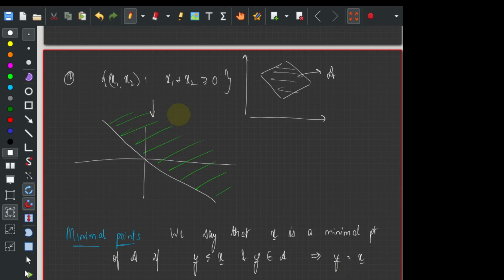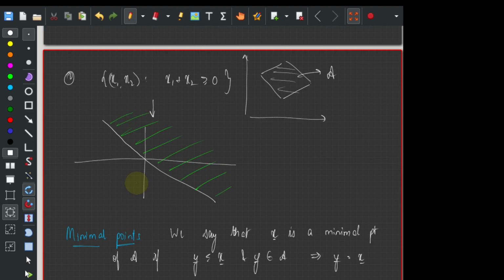Okay, so let's take this particular example. This set that we've drawn, the set of all x1, x2 for which x1 plus x2 is greater than or equal to 0. Does this have a minimum? No, everyone agrees that this set does not have a minimum, right? But is some point on this minimal?